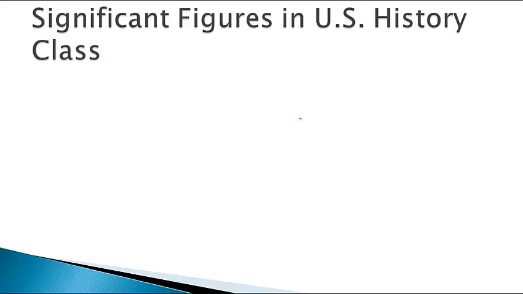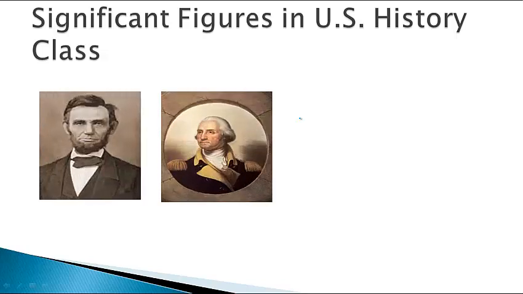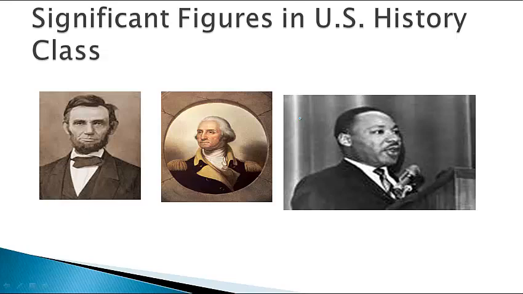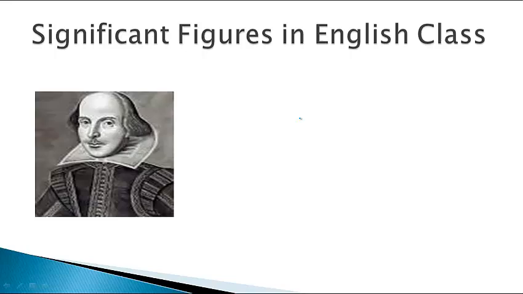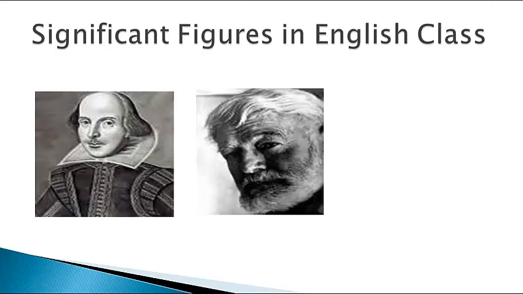So to keep track of this, we're going to use something we call significant figures. This term significant figures means something different in this class than it does in other classes. In history, significant figures might look something like those. In English, significant figures might look something like these.